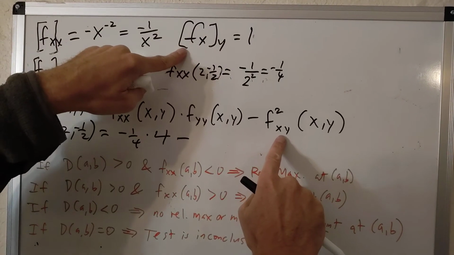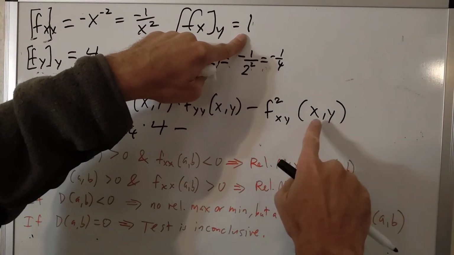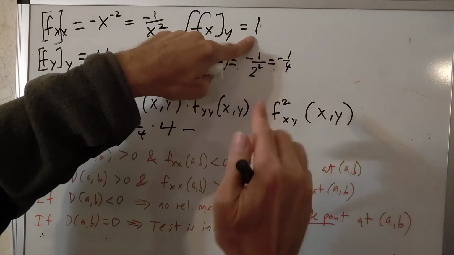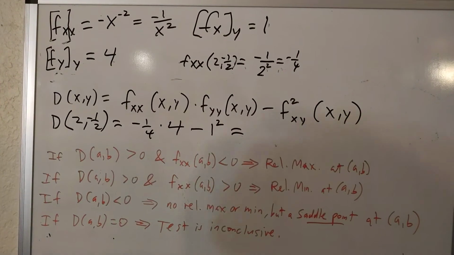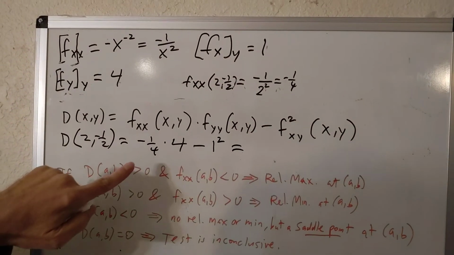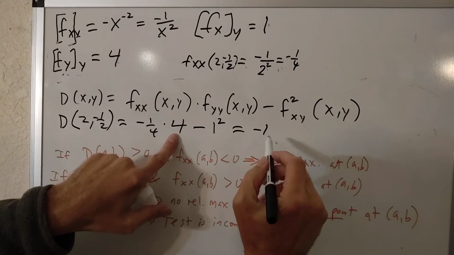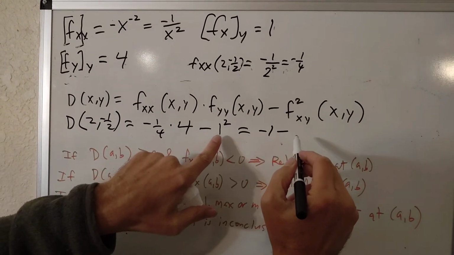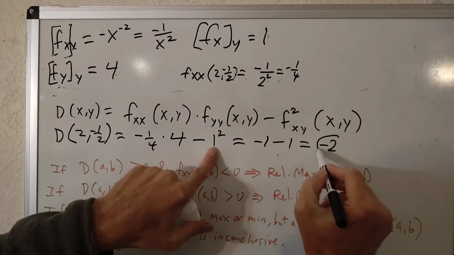But what is f_xy? It's just a constant. So what's 1 evaluated for any x, y? It's just going to be 1. And then we have to square the 1, so minus 1 squared. Okay, so let's see what we got here. -1/4 times 4 is -1. Minus 1 squared is 1. And then we get a final answer of -2.